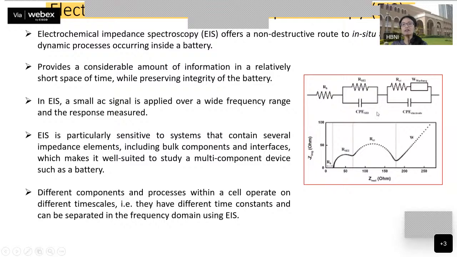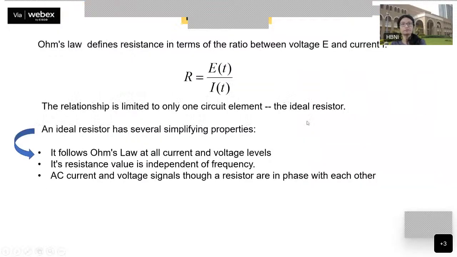By looking at the circuit and this particular spectrum, you will be able to understand what exact processes are taking place inside the battery under dynamic conditions. But before we understand what the spectrum looks like, a little bit of background is important.